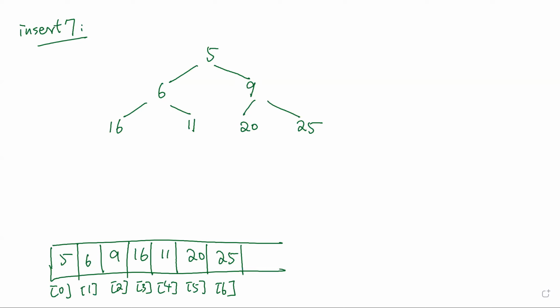Insert 7? Oh, and one minor thing I forgot to mention: previously I just discussed the complete binary tree. When we discuss a heap tree, we call it either a minimum heap tree or a maximum heap tree.